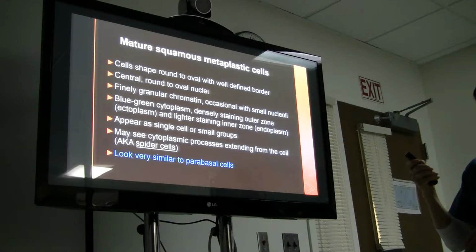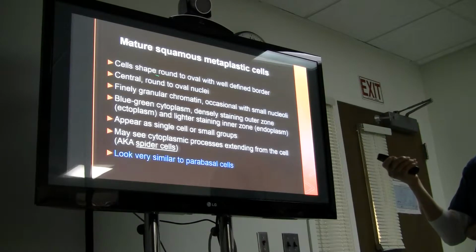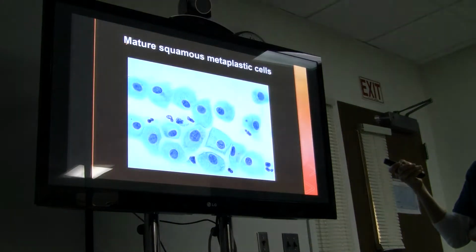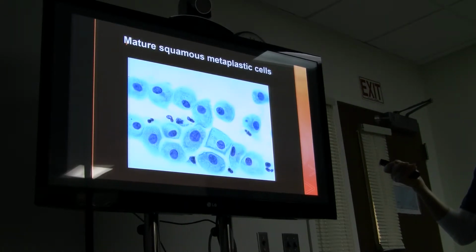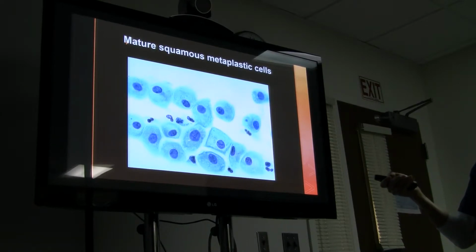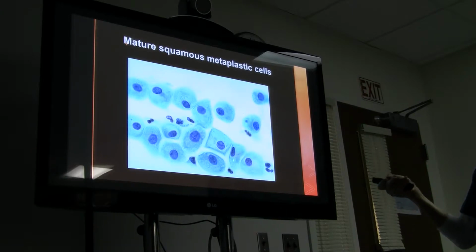So again, the mature squamous metaplastic cells have a very round to oval cell border. Let's look at the picture here. More distinct cell border, round nucleus in the center, fine chromatin, smooth nuclear contour, a few neutrophils nearby.